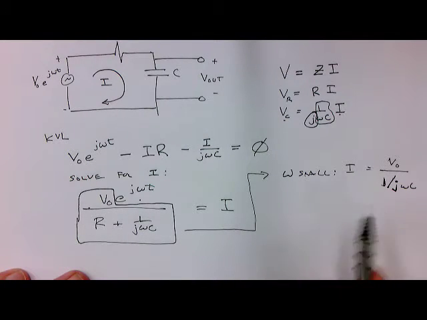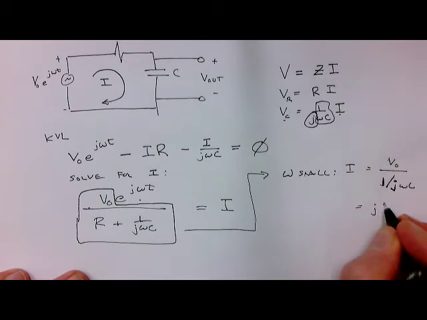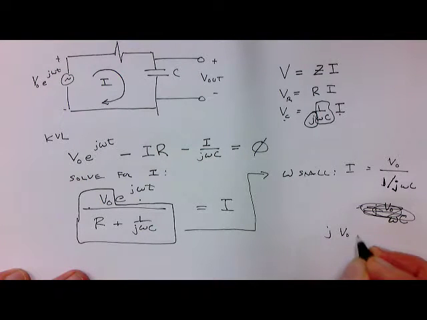In fact, if I rewrote this, I would get j times V naught times omega times C, which is consistent with what we found last time.